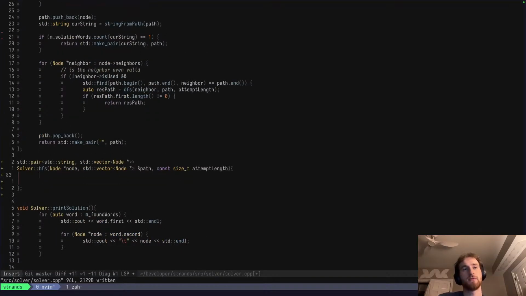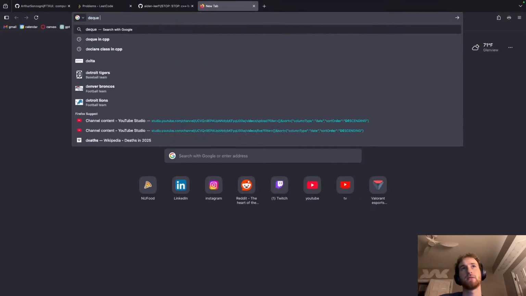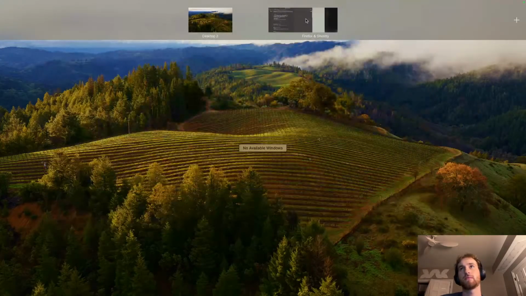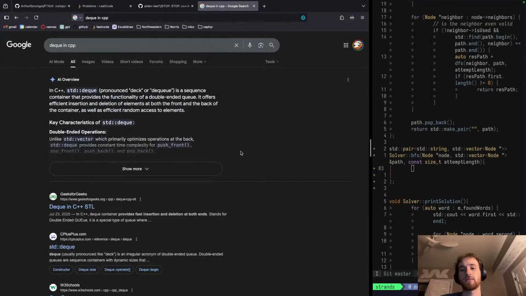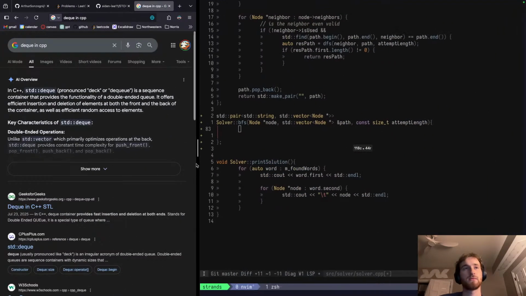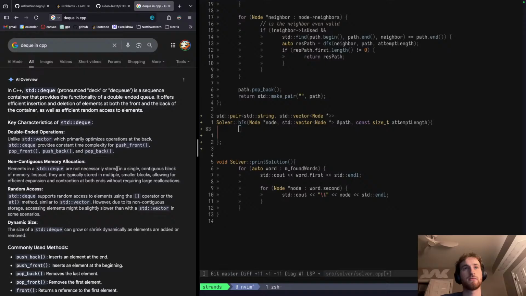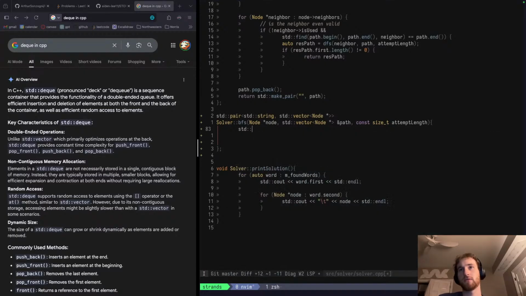Okay, so we need a deck. std deck, sure. Std deck of what? We will have a class of nodes, right? Right?